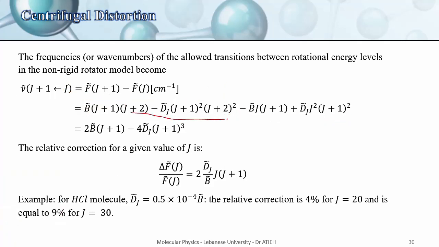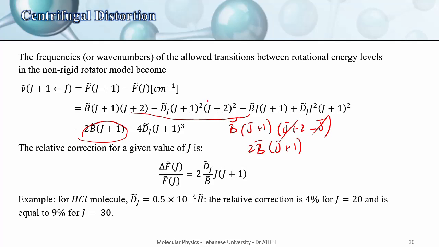Let's take these two elements together. Take B bar (J+1) as common. There remains J plus 2 minus J, so as you can see, these cancel. We are left with 2B bar (J+1), and this corresponds to the first term. Now let's do the second term with the fourth term. Let's take as common minus D bar_J (J+1) squared. We are left with (J+2) squared minus J squared.